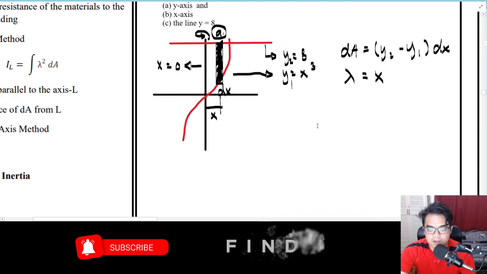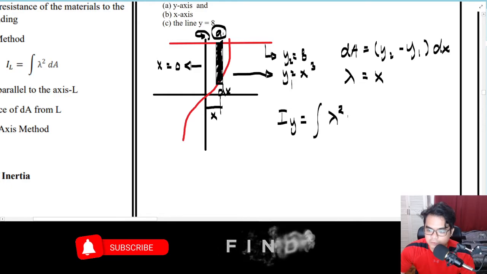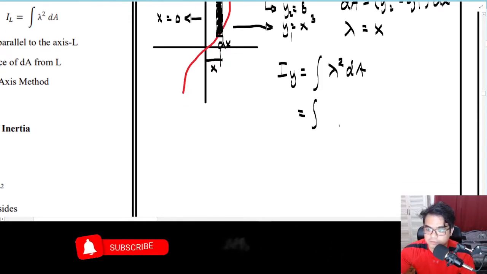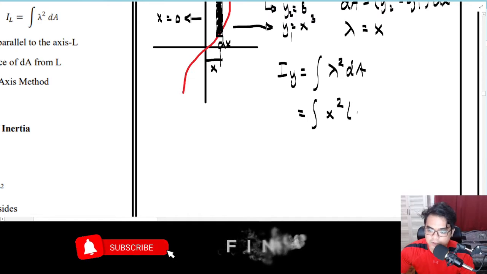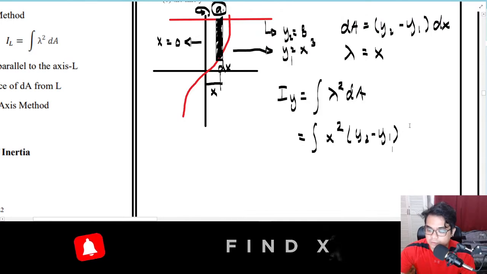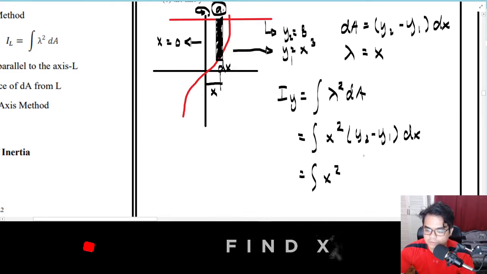Using the parallel axis method, let's say I_y is equal to the integral of lambda squared dA. Lambda is x, so x squared, and your dA will be y2 minus y1 dx. So it is equal to the integral of x squared, and then we have to get y2 and y1.